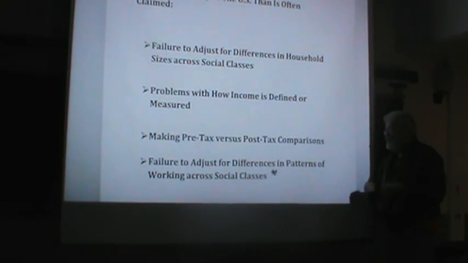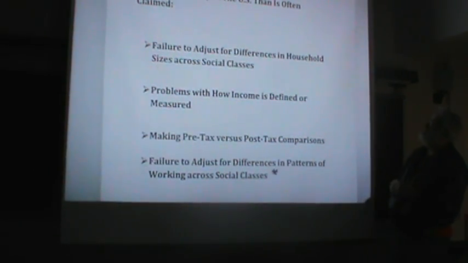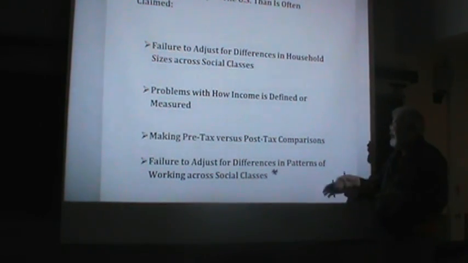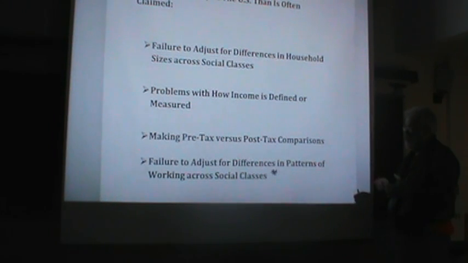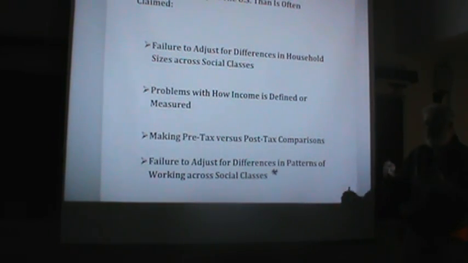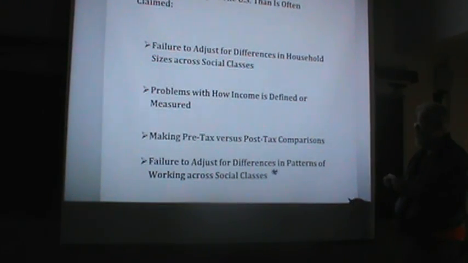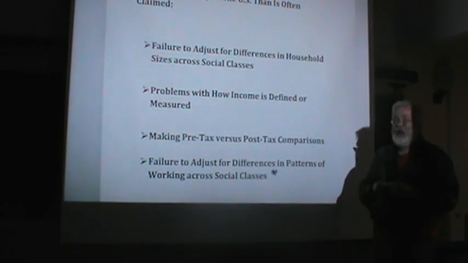And finally, this one isn't really technically something that's telling you that there's less income inequality than meets the eye, but at least it kind of explains why we have some of the kind of inequality we have. And that's failure to adjust for differences in patterns of working across social classes.